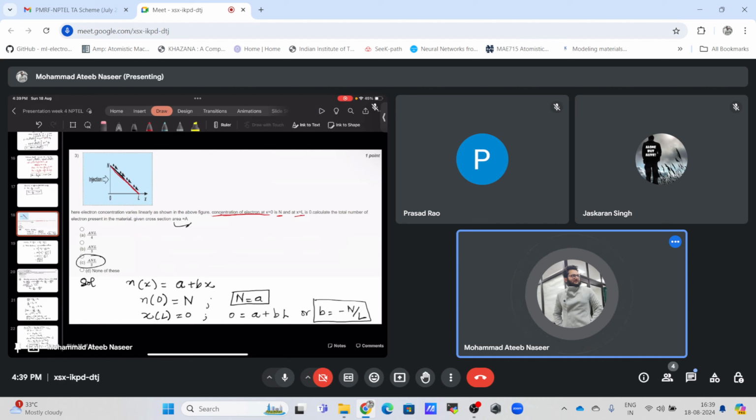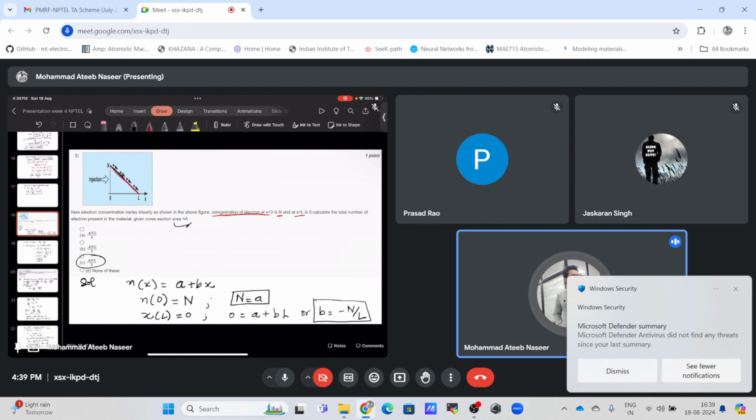If you solve that book's problems, there are some good examples as well as some unsolved problems, and you will build a lot of concepts while solving them regarding p-n junctions, BJTs, MOS capacitors, and MS junctions, which you will study in the upcoming module 5, the metal semiconductor junction.